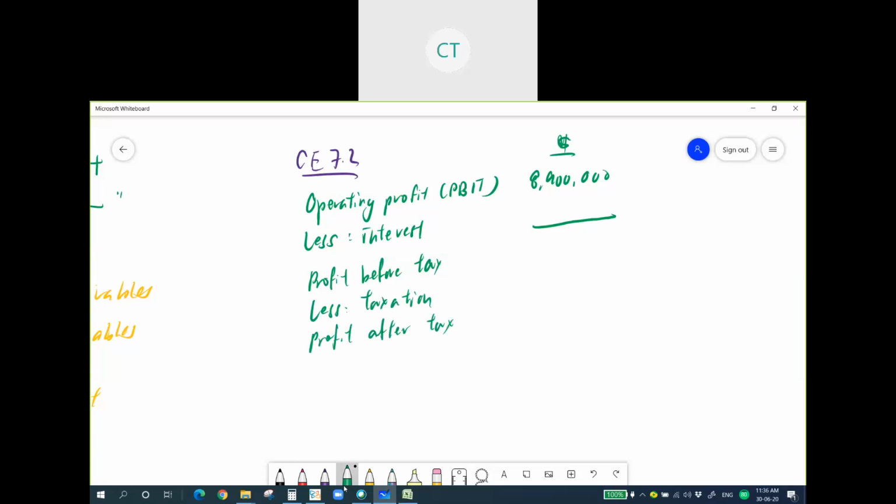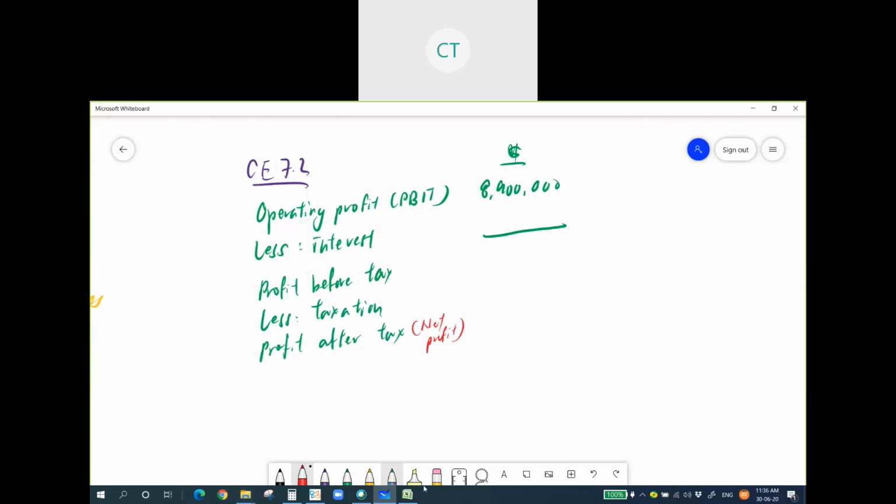Another name for profit after tax is net profit. Am I right? This is the flow in the income statement. Alright, this is the flow in the income statement. So for this question, what other information do we know? We take a look.